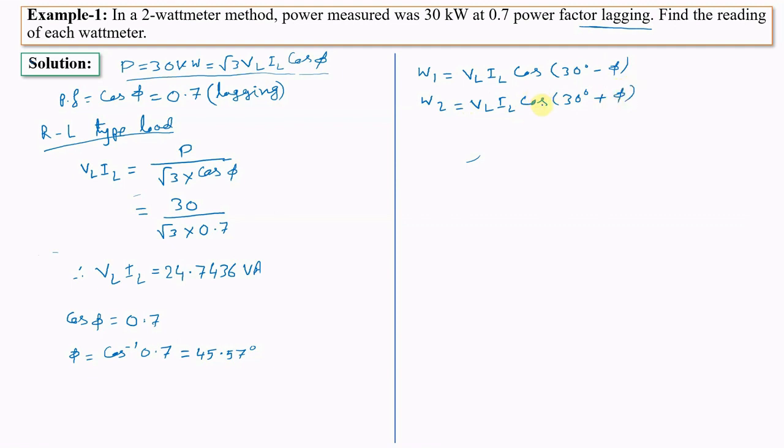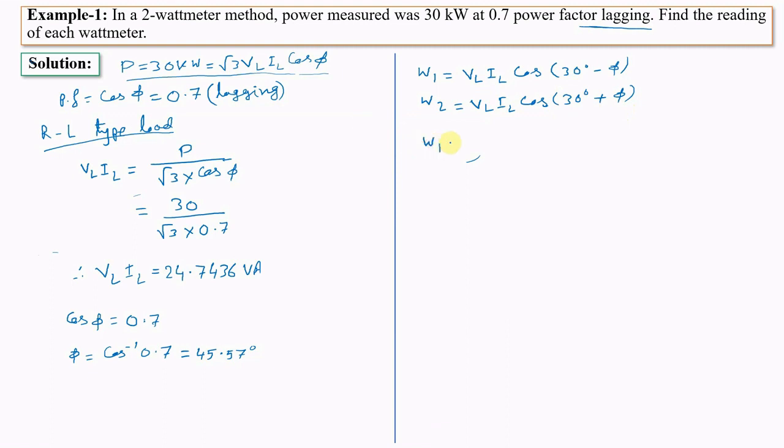Remember, this is for the resistive inductive load. If the load was resistive capacitive, then the reading of wattmeter 1 will be with 30 plus phi and the reading of wattmeter 2 will be with 30 minus phi. But as here the load is resistive inductive, this will be the relation.